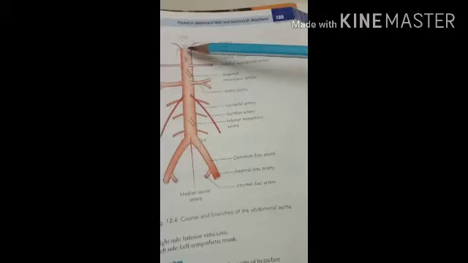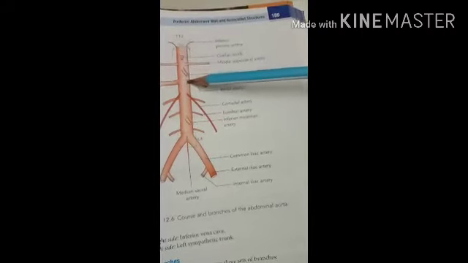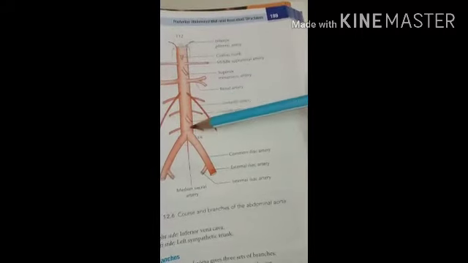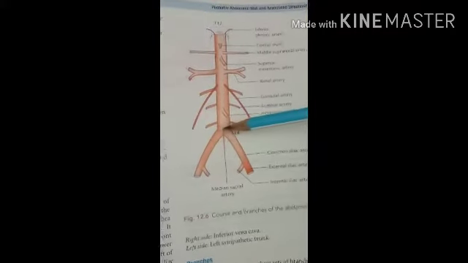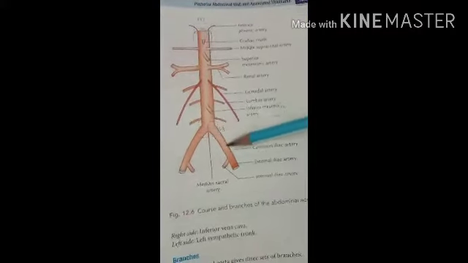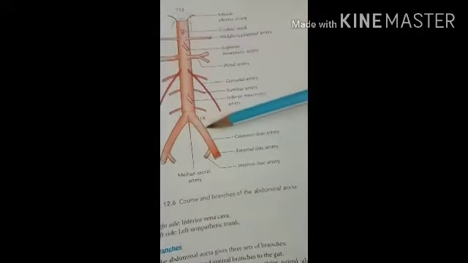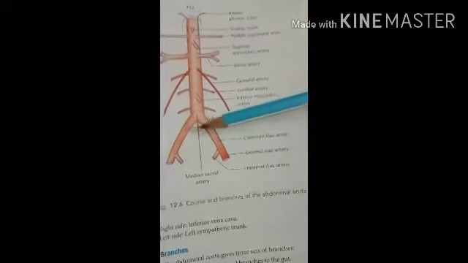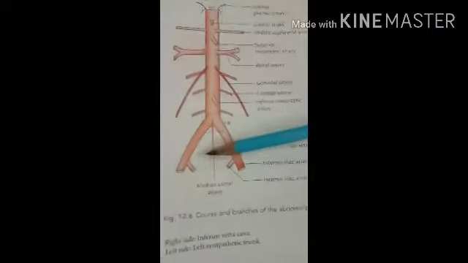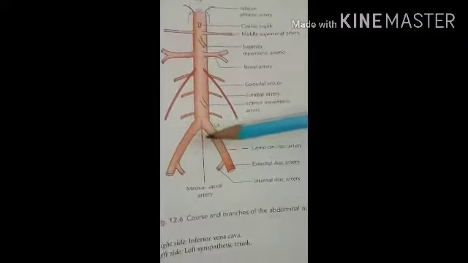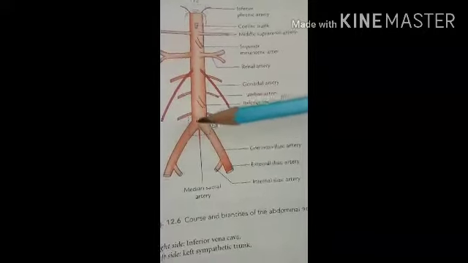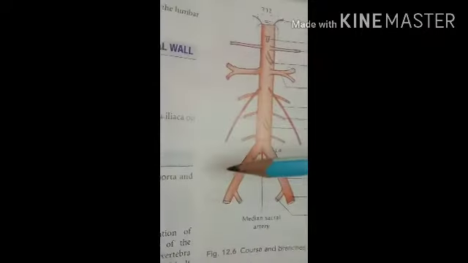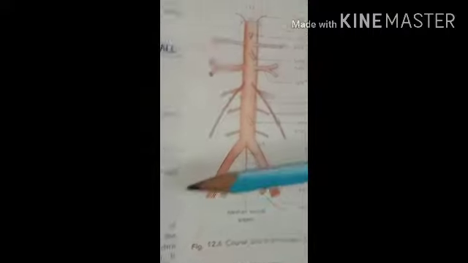Then it enters into the abdominal cavity, and at the level of L4 vertebra it divides into two branches, the right common iliac artery and the left common iliac artery. The length of the abdominal aorta is 10 to 11 centimeters, and the width is about 2 centimeters.